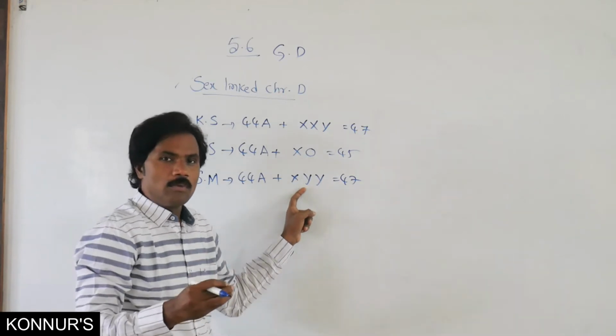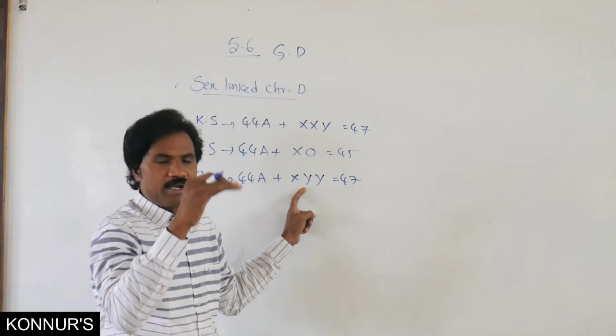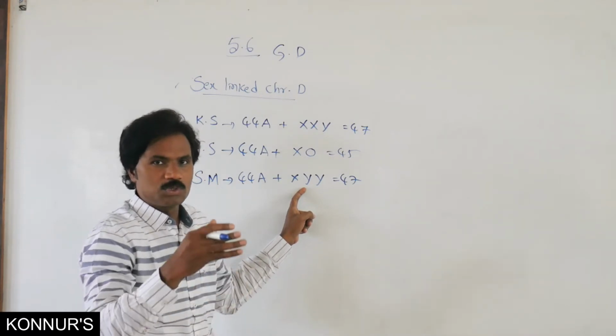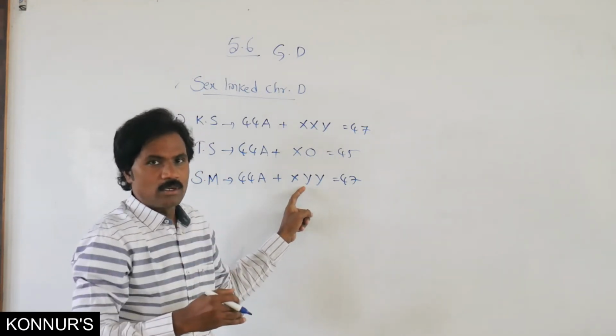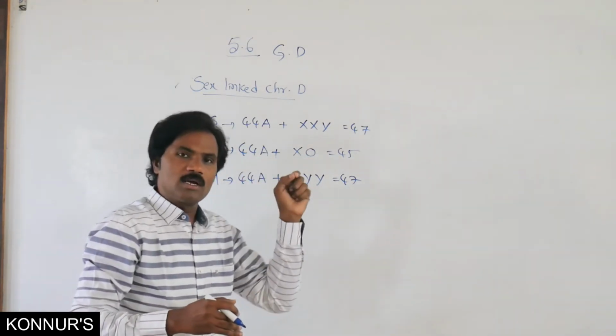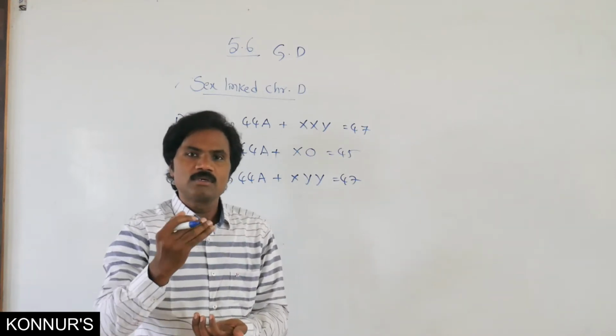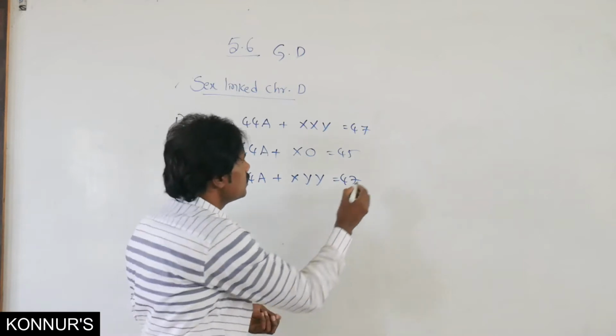So, due to maximum secretion of testosterone, the height of that particular individual becomes very tall. This is abnormal, but this male individual becomes a fertile organism.